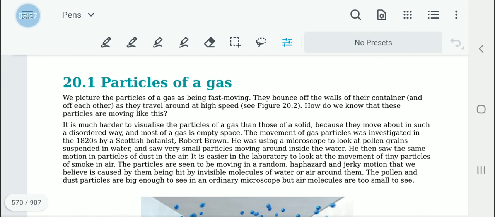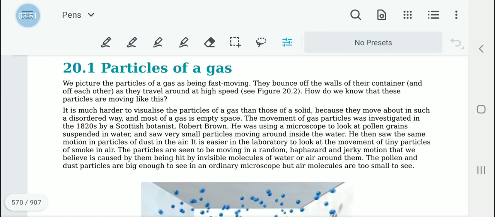Then we know that everything is made up of particles. Some particles are closely bonded like in solids, but in gases the particles are in constant random motion and they bounce off the walls of the container. As a result, there is pressure generated.